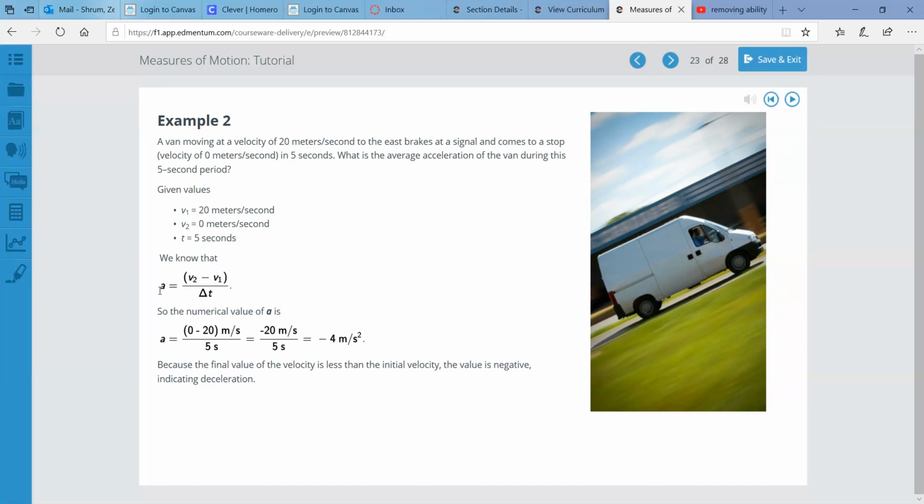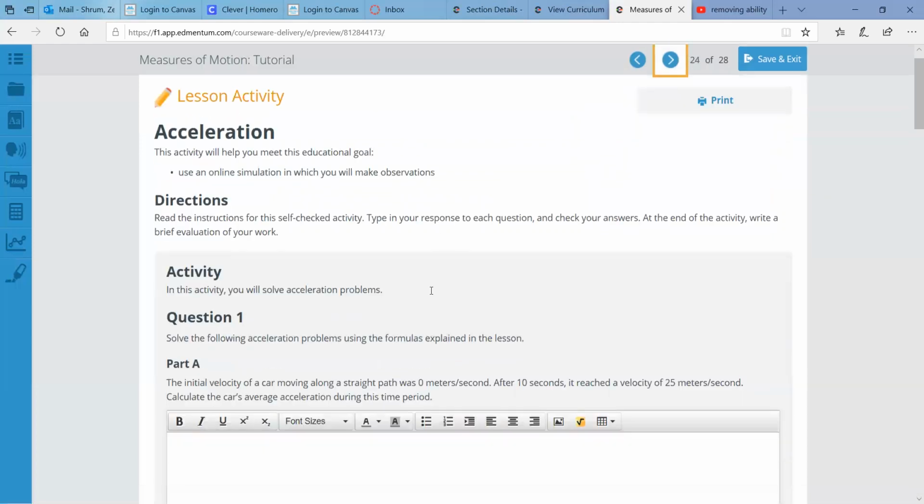Plug into this equation: a equals 0 minus 20 divided by 5, negative 20 over 5, negative 4 meters per second squared. Because the final velocity is less than the initial velocity, acceleration is negative in this case.